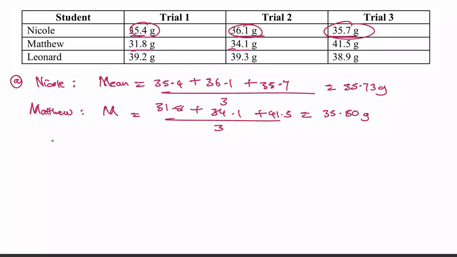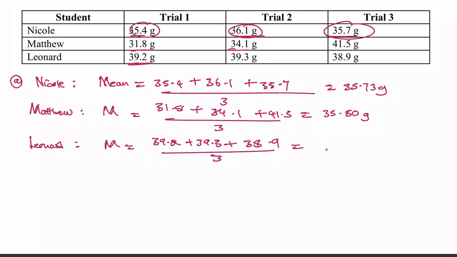Okay, then we go to Leonard. We find the mean, just the same method. We say 39.2 plus 39.3 plus 38.9. We divide by 3. Our answer is going to be 39.13 grams.